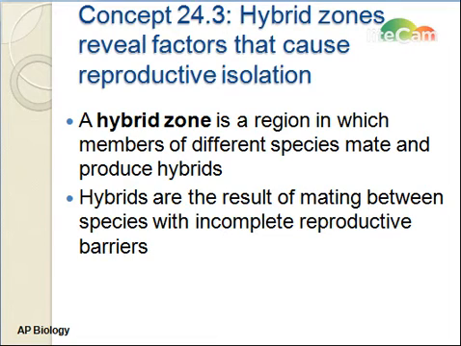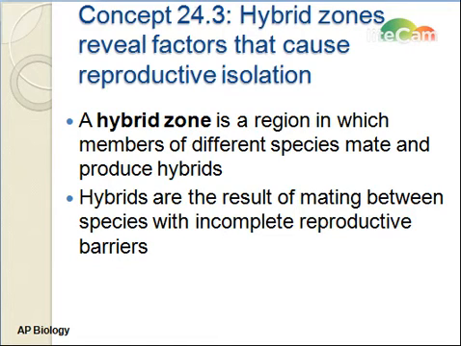Now, one gray area that we have in the development of new species is what we call a hybrid zone. A hybrid zone is a region where members of different species mate and actually produce a hybrid. This occurs when we have allopatric species, so two species that were developed through the geographic separation of their population, and then we have renewed contact with these two species interacting with each other.